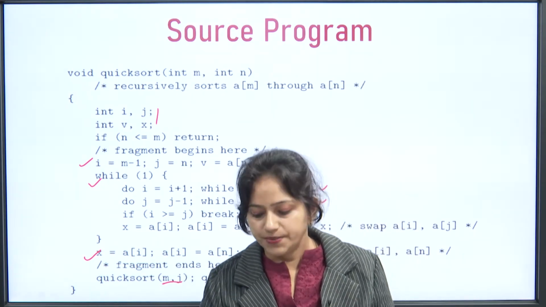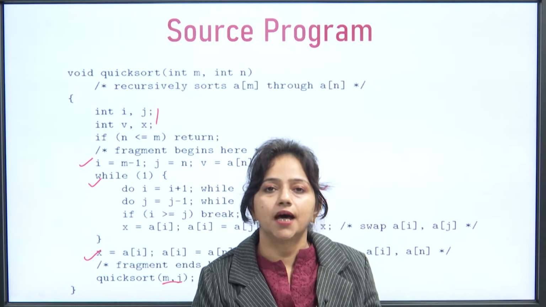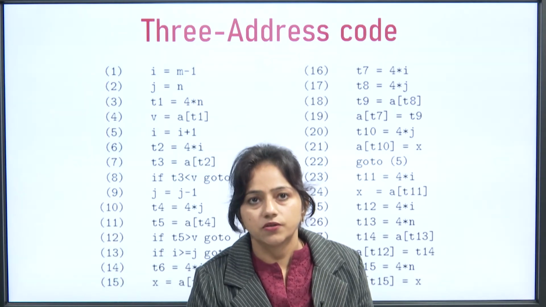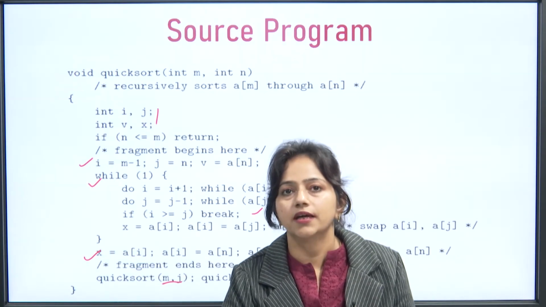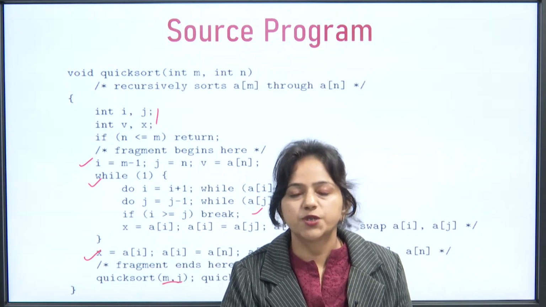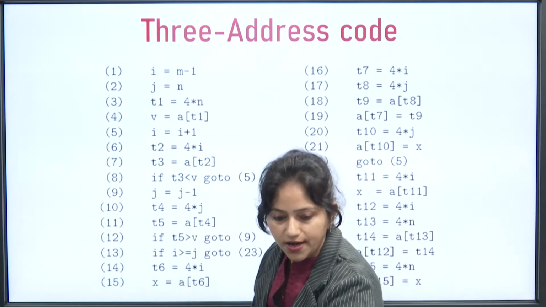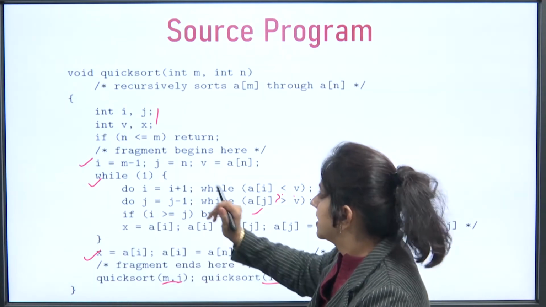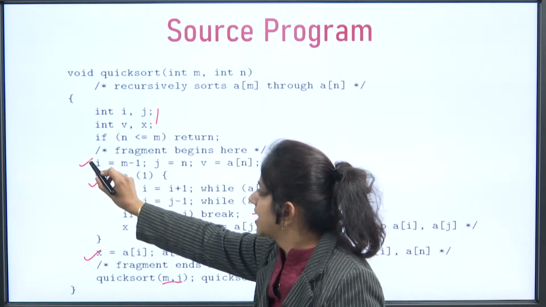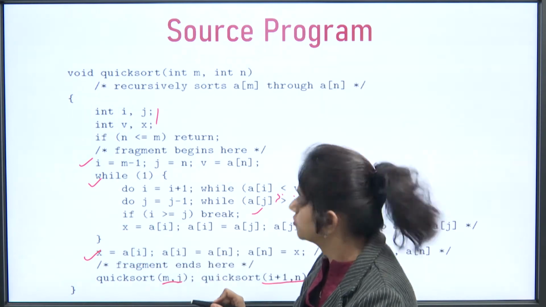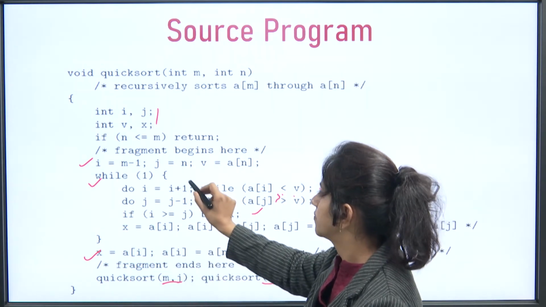For doing the optimization, first we will obtain the 3 address code. This is the 3 address code for the given source program. I will highlight the major areas of the 3 address code. We start from here: i is equal to m minus 1 and j is equal to n.